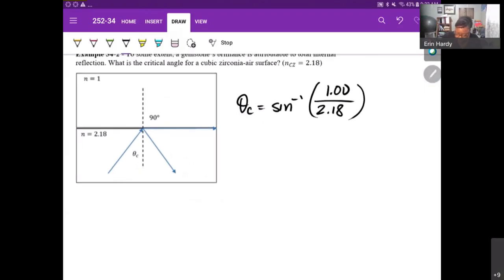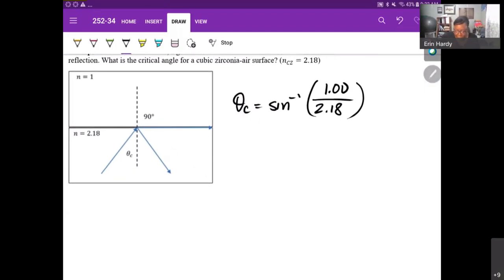We want to figure out what our theta c is going to be. It's as simple as plug and chug at this point. So 1 over 2.18, if I take the inverse sine of that, I'm going to end up with 27.304 degrees. And to 3 sig figs, this would be 27.3.